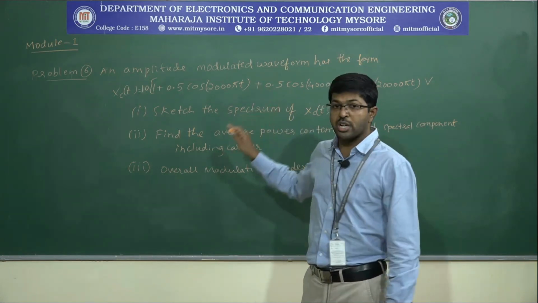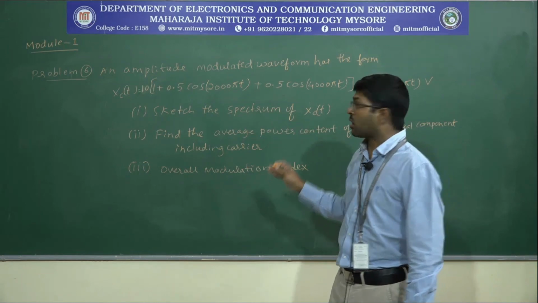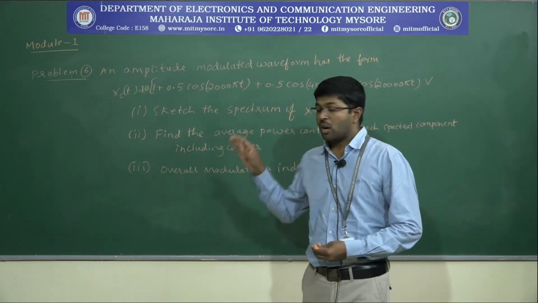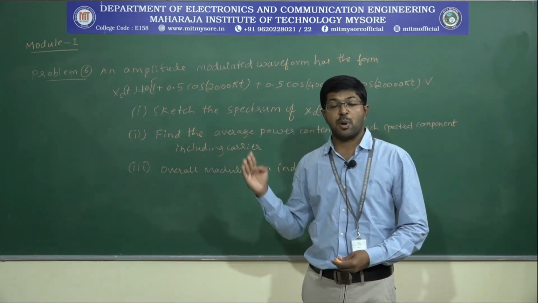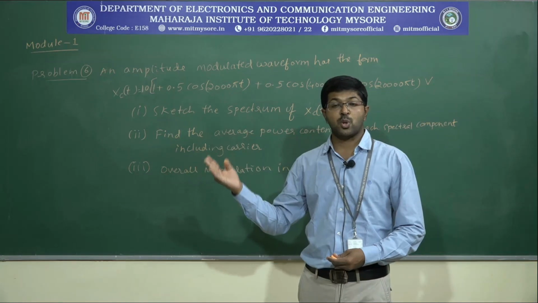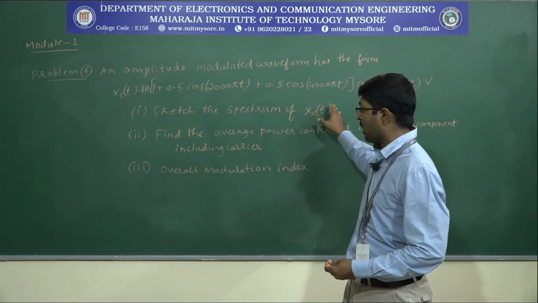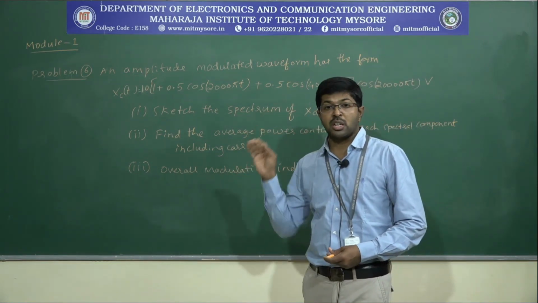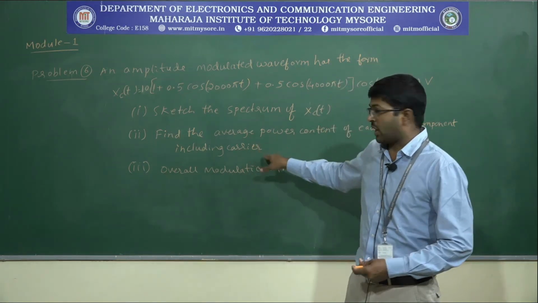Using this equation we need to sketch the spectrum and then find the average power content in each and every frequency component, that is Fc, Fc plus Fm1, Fc minus Fm1, Fc plus Fm2, Fc minus Fm2. All those frequency components we need to find, and the average power in each particular frequency component also needs to be calculated.